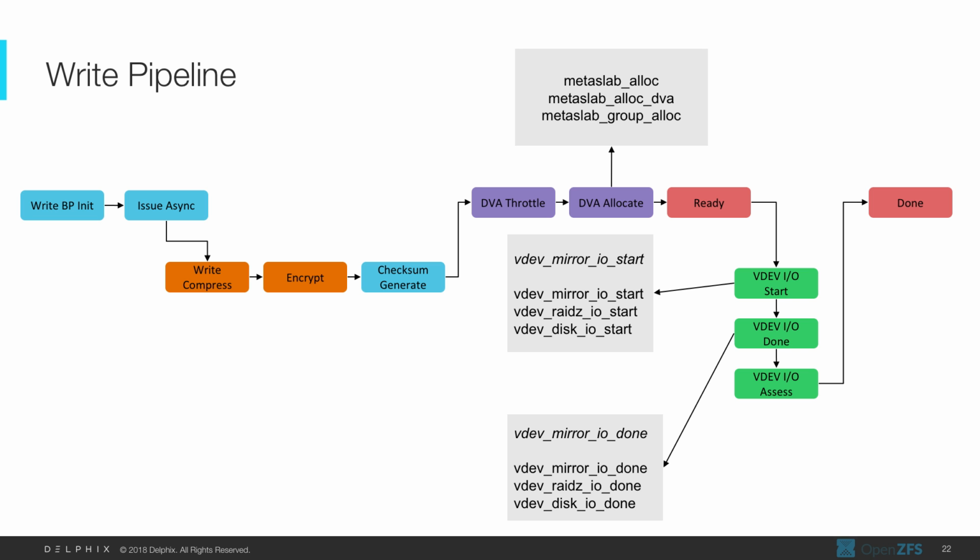and then those data blocks will go through the compression, encryption, generate checksum, go allocate a block, go to the ready stage. Now they don't have to block because they don't have any children, so they're going to keep going. But at the ready stage, they're going to be able to notify the level 1 indirection, hey, I've reached ready stage, which means now the level 1 blocks can start going through this front part of the pipeline.